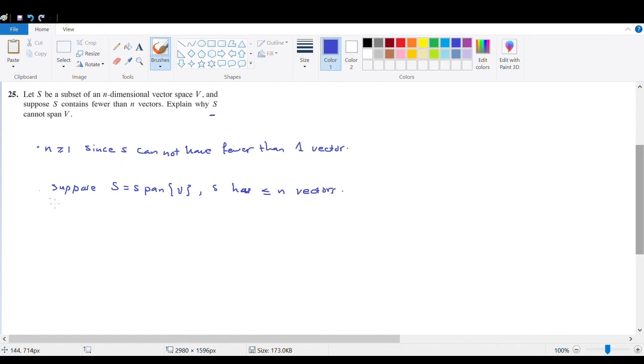So by the spanning set theorem, some subset, let us say S prime, or S dash of S, is a basis for V.